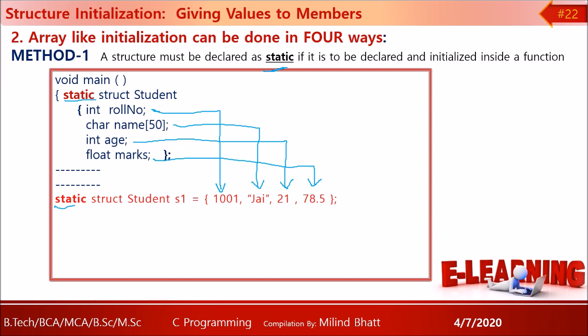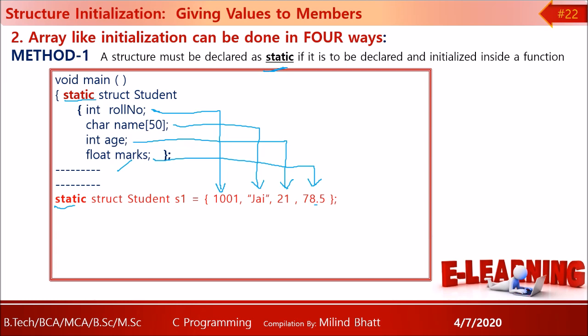You can see very obviously that all such array elements are mentioned in a way where they follow their individual sequence. Say the first entry is roll number, of integer type; the second one is a character array, that means a string; the third is an integer; the fourth one is a float.